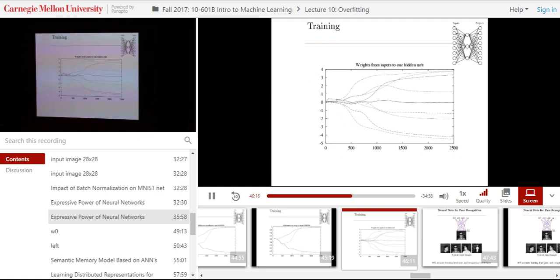Okay. And here are, in fact, the weights to a single hidden unit. Of course, there are 9 incoming weights to the unit because there's also the bias, the B term, in addition to the weights from each of the 8 inputs. But again, you can see how those weights coming into a particular hidden unit, I started them out with small random values close to 0, but then with training, they moved around.